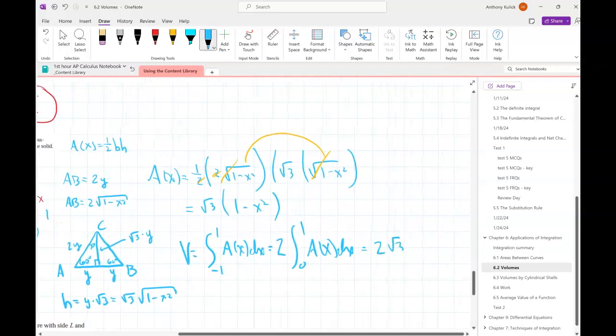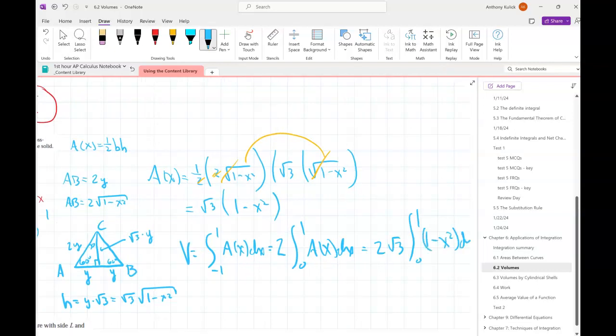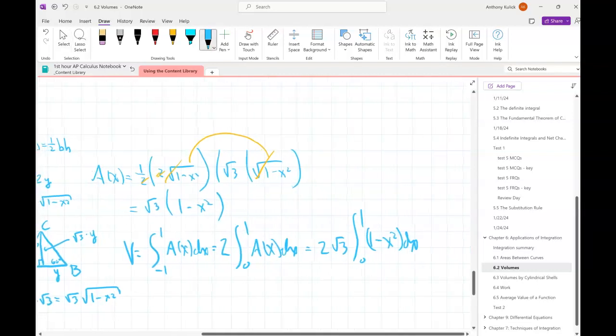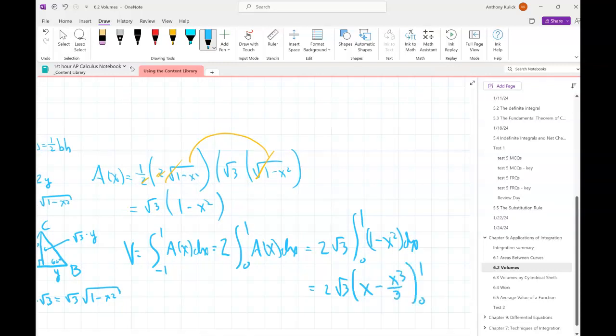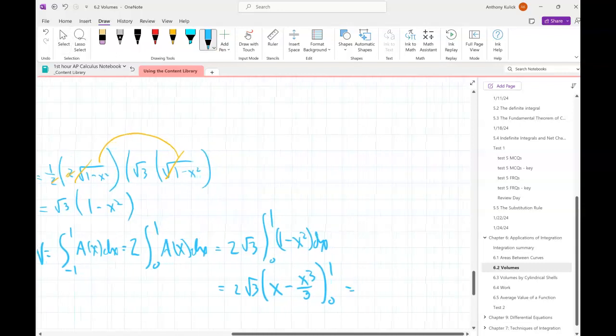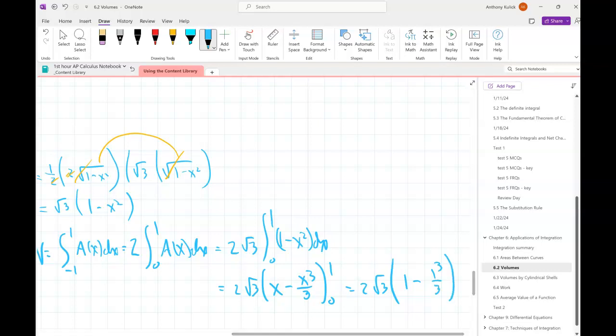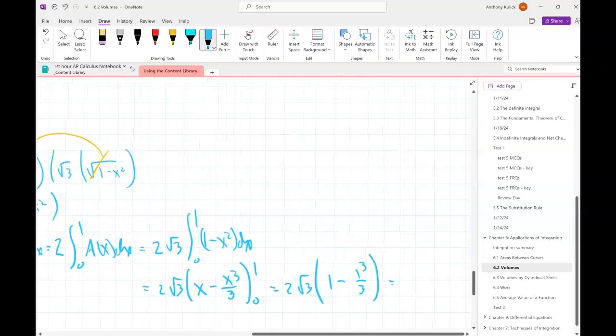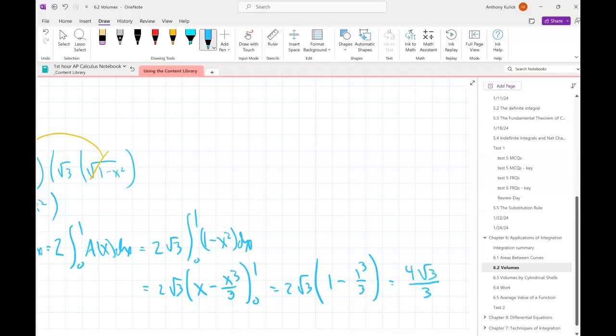We're going to have 2 root 3 times the integral from 0 to 1 of (1 minus x squared) dx. It's going to be 2 root 3 times (x minus x cubed over 3) from 0 to 1. So I'm going to have 2 root 3 times (1 minus 1 cubed over 3). That's 2/3, and times that is going to be 4 root 3 over 3.